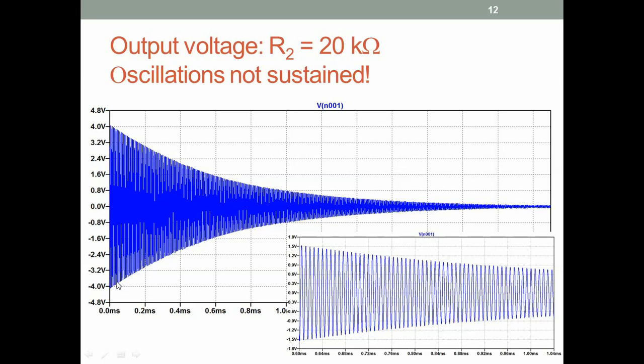So the output started out nicely as a sine wave, but unfortunately it did not sustain itself. It died out as a function of time. So this is an expanded version. You can see that it is a sine wave, but the oscillations died out. Of course I knew why this was, so what I did was I increased the resistance R2.